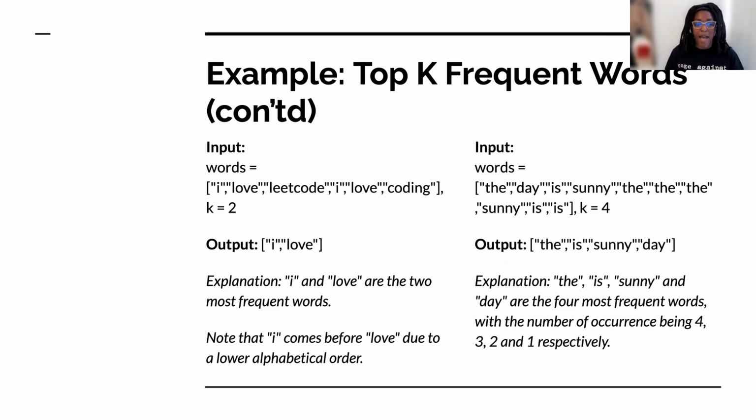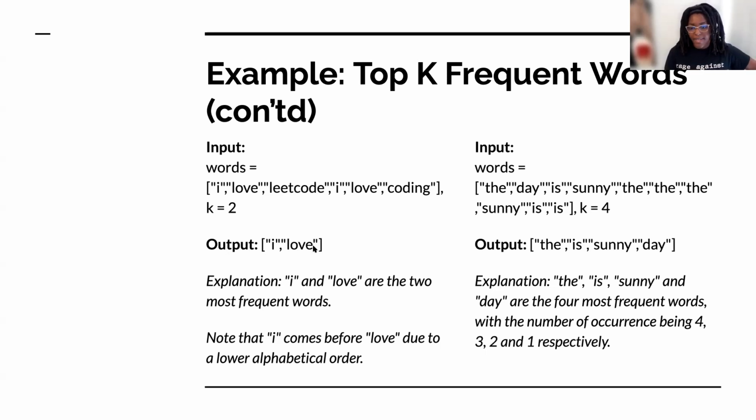For example, here we have an array of words: I love LeetCode, I love coding. Obviously, I got this from LeetCode. You're going to return the two most frequent words here. In that case, it would be I and love. But I comes before love in the alphabet, so you will return I, comma, love.